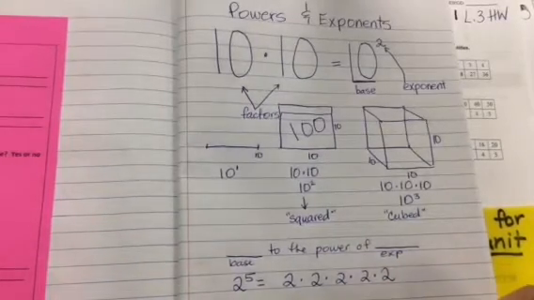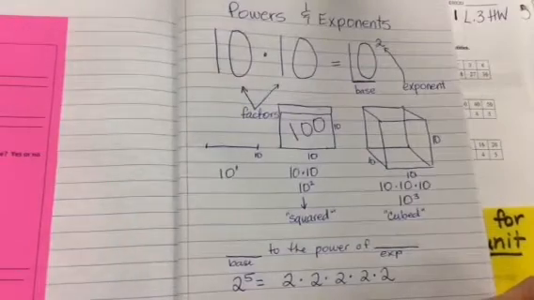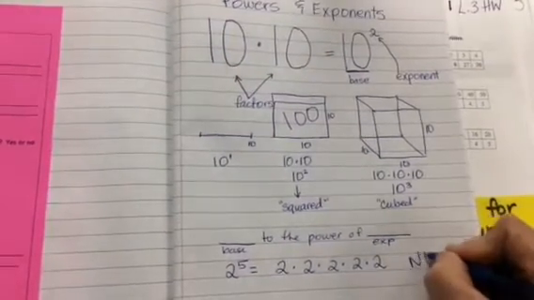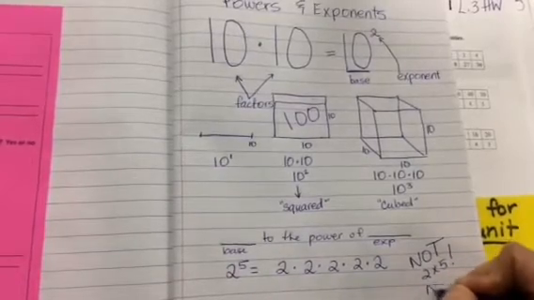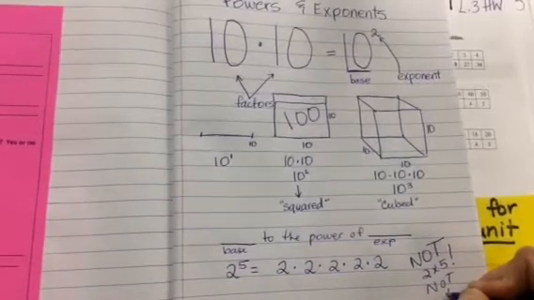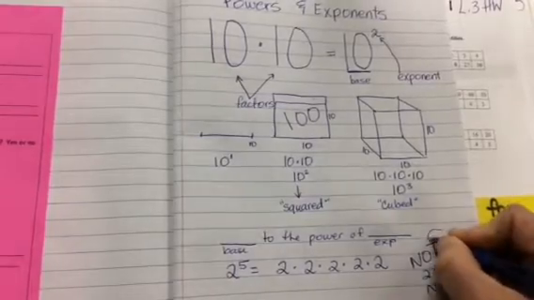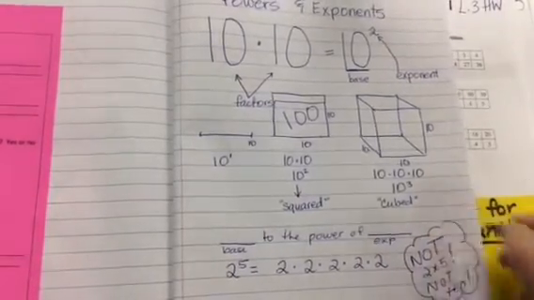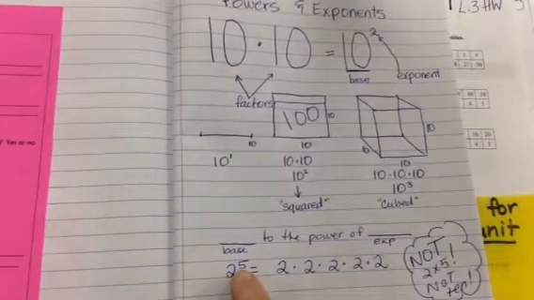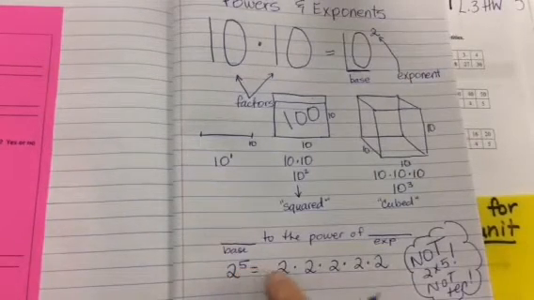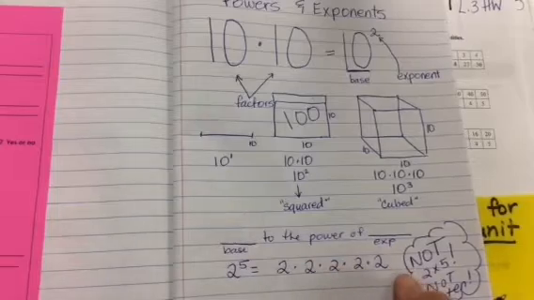Now, some people are going to look at that and say, oh, I know, that's 10. No, it is not 2 times 5. This is 2 to the 5th power, which means the 2 is used as a factor 5 times.